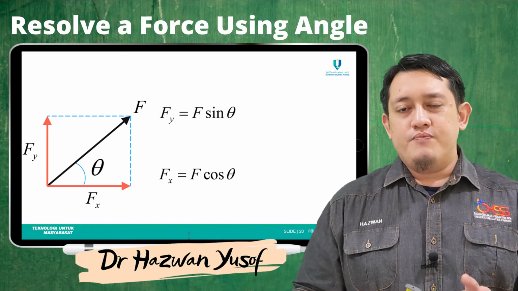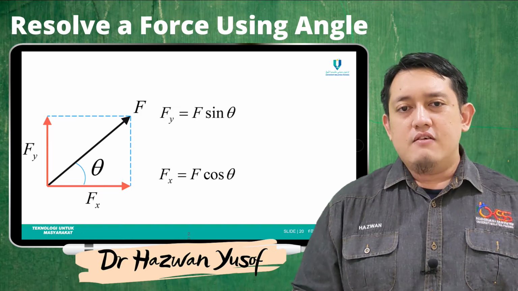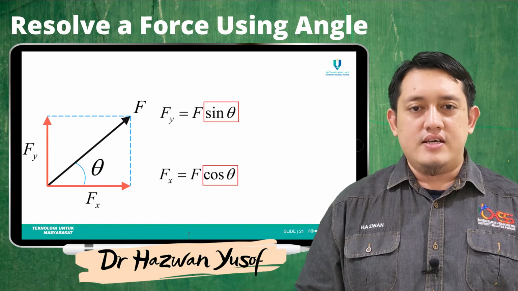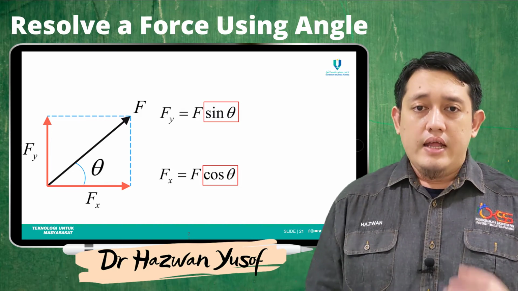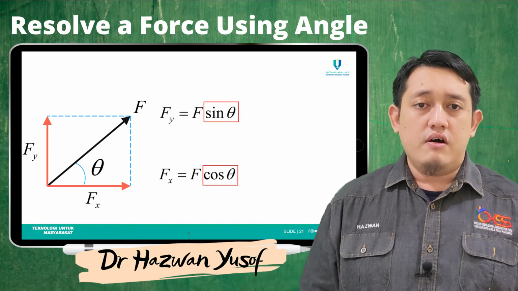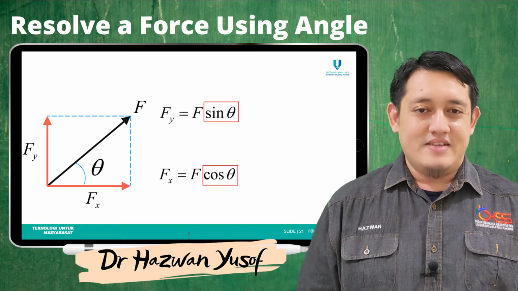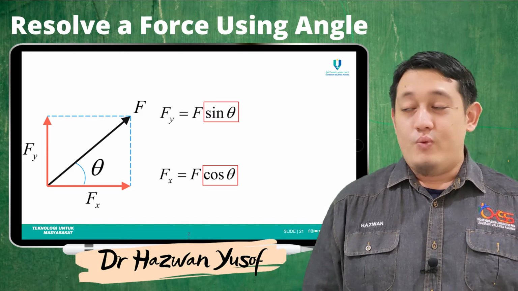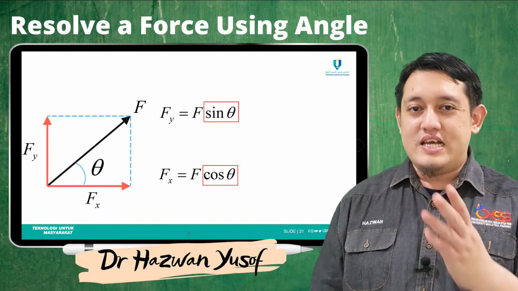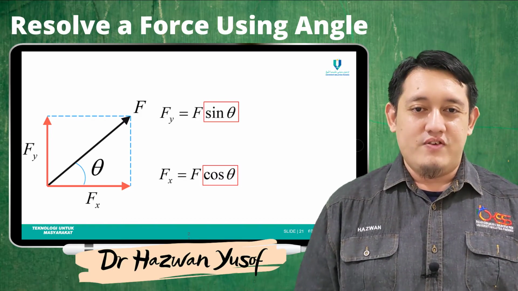As you can see here, when we want to calculate the force Fx or Fy, we use either sine theta or cosine theta depending on the location of the angle. Now, I have one simple method on how you can choose whether it is sine or cosine when we want to resolve the force.